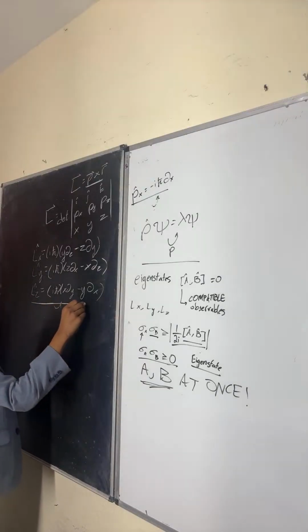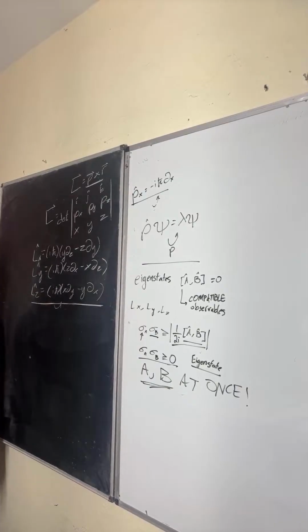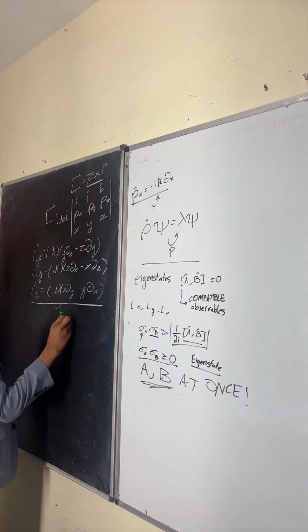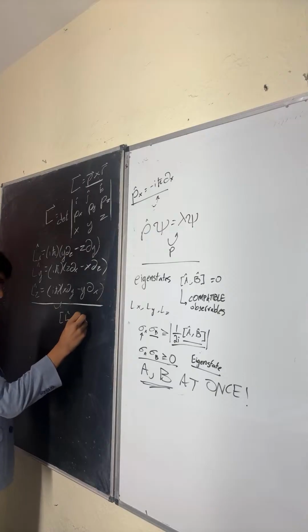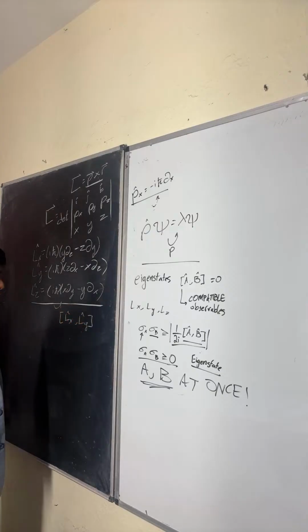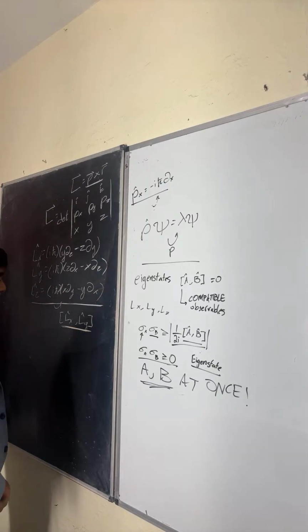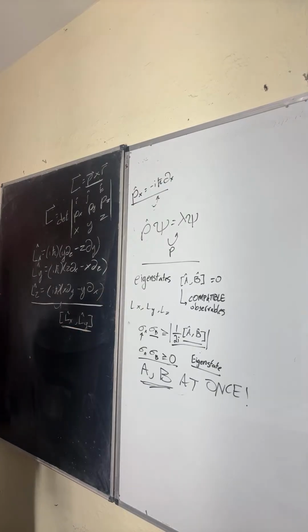So, which of these are compatible with one another? Are any of them? Well, since these guys are the same up to cyclic permutation, what I'm going to do right now is find the commutator of Lx and Ly and generalize results from there.